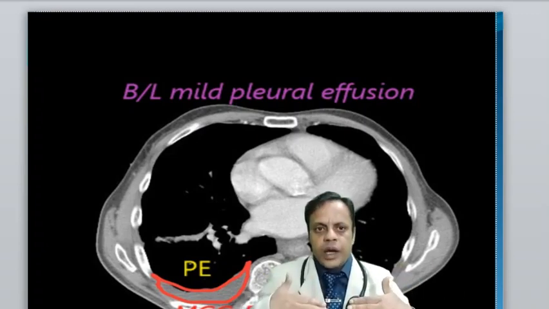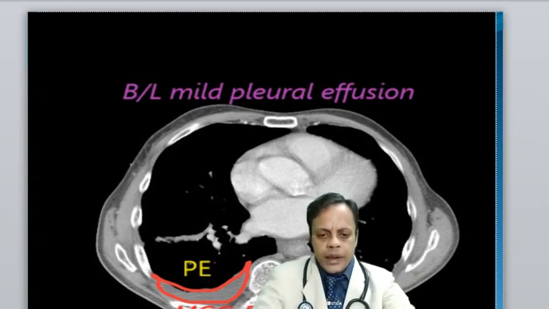So fluid will accumulate at the posterior part, and it will make a grayish crescent-shaped shadow. If there is a massive pleural effusion, then it can appear up to this level or this level. This is a minimal pleural effusion, and we can see it in the CT scan easily.